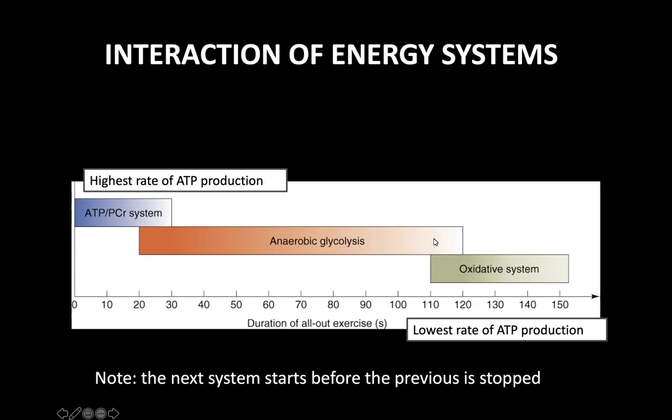And so depending on how hard you're going versus how long you're going, that's going to determine if you're using the anaerobic or oxidative system. It's important to understand this because this is one of the baseline concepts that we're utilizing to train.